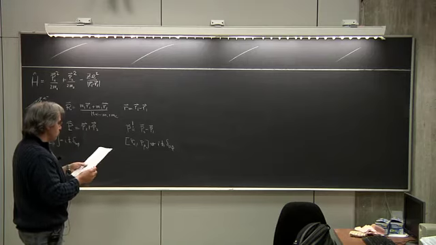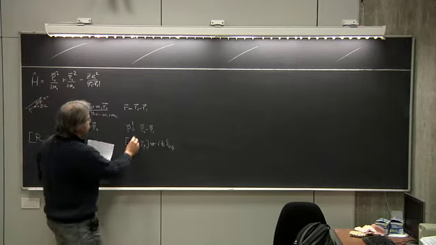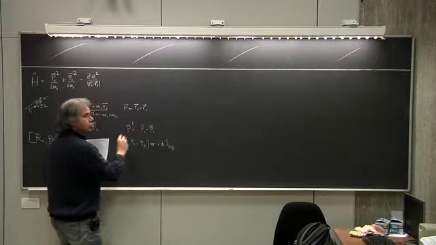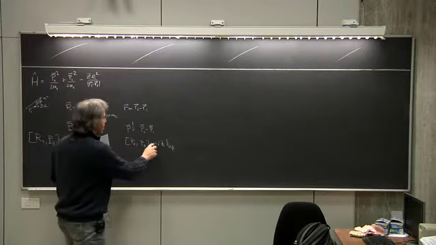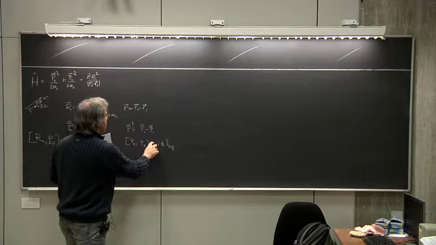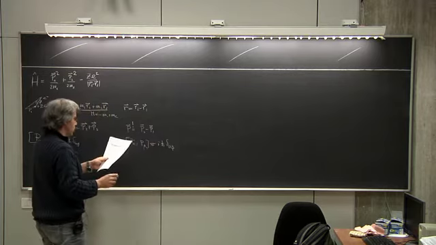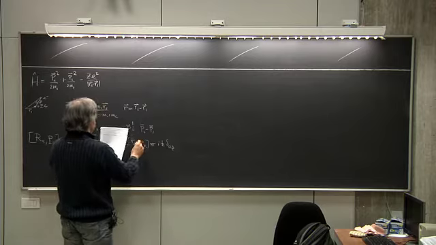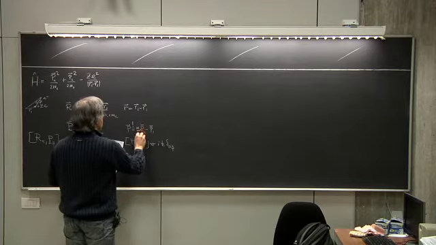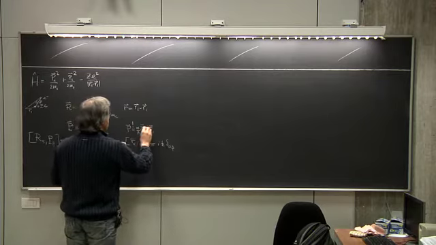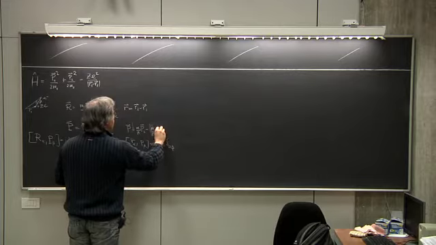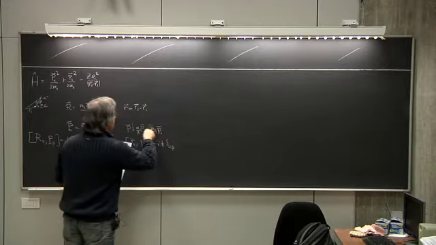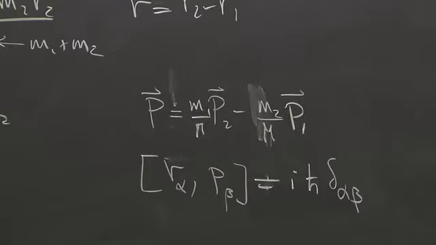The solution to this problem is to put here two constants and try to determine them in such a way that the commutators are nicely satisfied. And once again, it takes very little algebra, which I urge you to do this afternoon or tomorrow, whenever you want. Just verify that the correct relative momentum has the following mass ratios there.